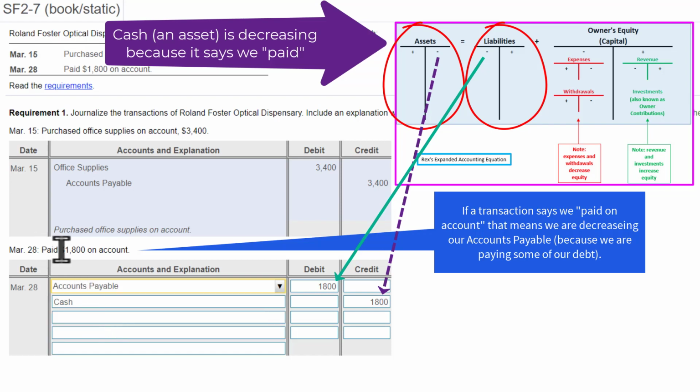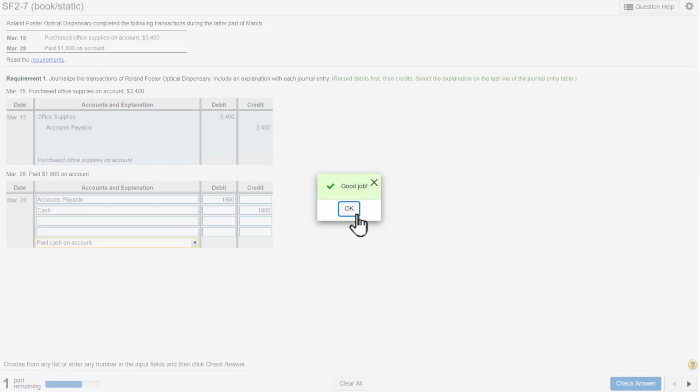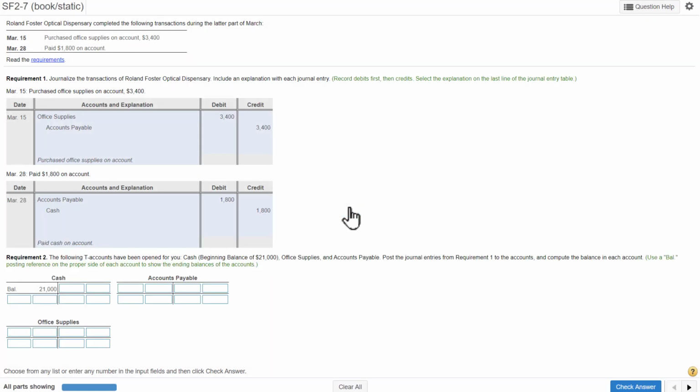So remember, anytime we pay on account, that means our accounts payable is decreasing. And then our explanation, paid cash on account. A more realistic explanation would be, well, what company did we pay? Because you have to keep track of that stuff separately in the real world. But we're beginners, so we're just trying to make it general and easy.